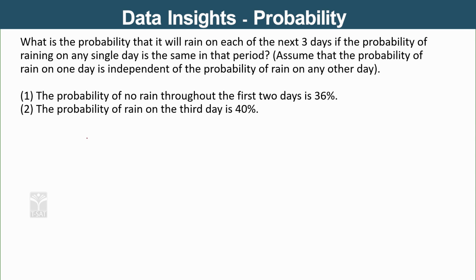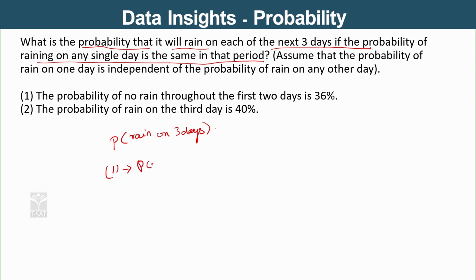So what is the question asking? What is the probability that it will rain on each of the next 3 days, if the probability of raining on any single day is the same in that period? They are saying the probability of rain on each day will remain the same. Statement 1 says the probability of no rain through the first 2 days is 36%.